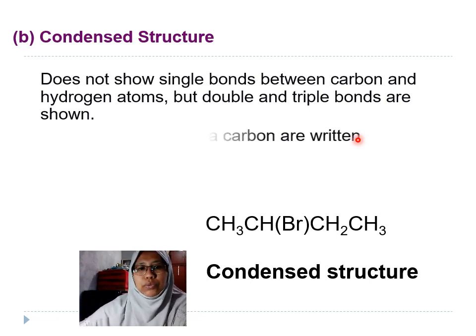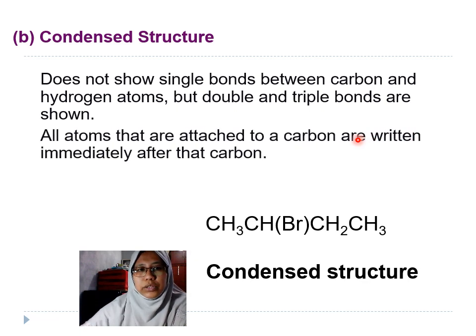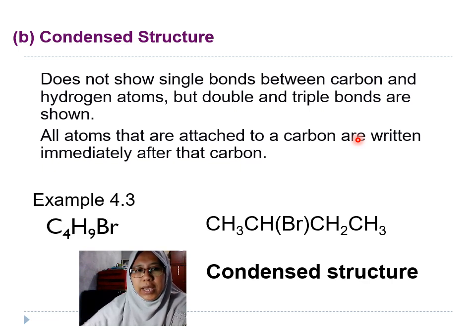So let's move to example 4.3, where you can write again the same structure which we have named. The name of this structure, do you remember? Now the bromine is put in brackets, and this bracket shows that the carbon before it is the carbon that it is attached to.